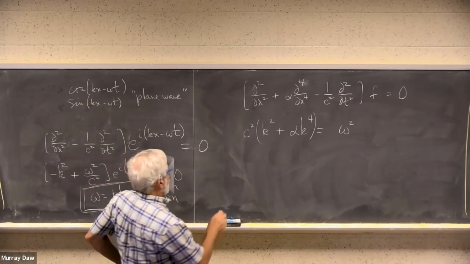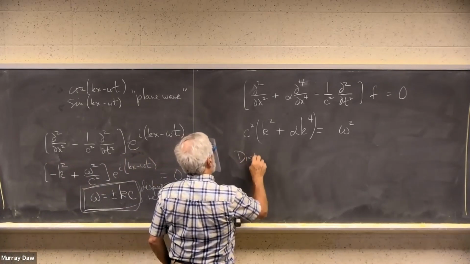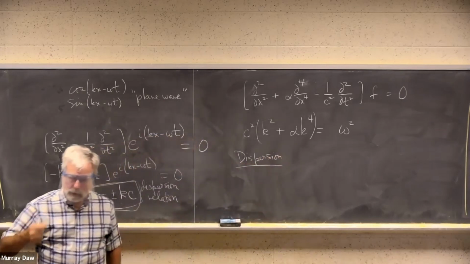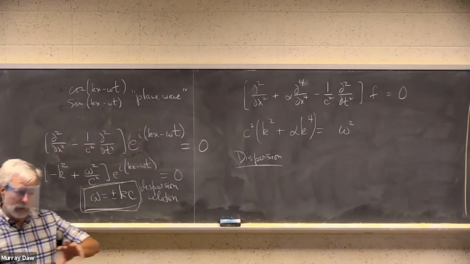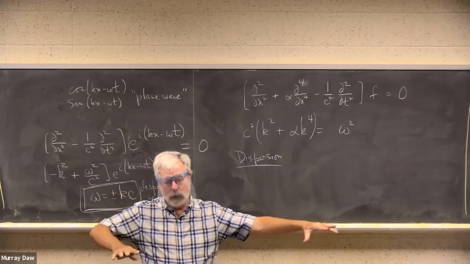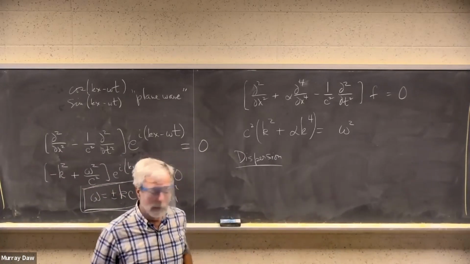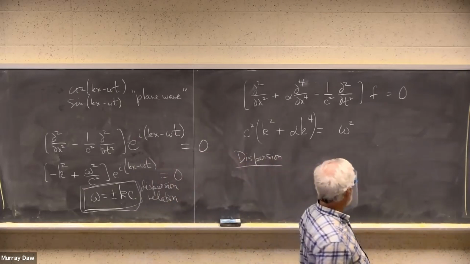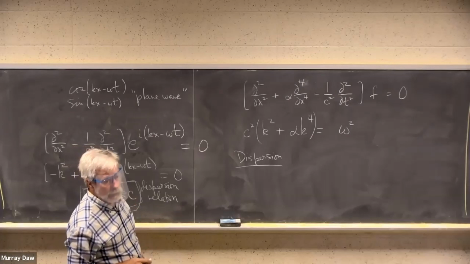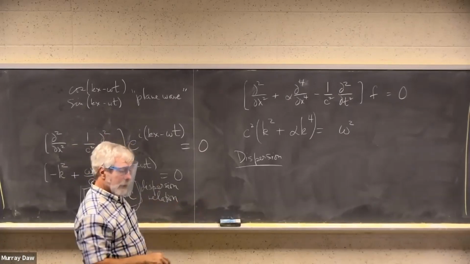And what will happen now is I get dispersion. Dispersion means that I can give it a kick on one end. The packet travels down the rod, but it's changing shape as it travels, spreading out or changing shape in some way. This would be, for example, vibrations along the length of a thick rod.